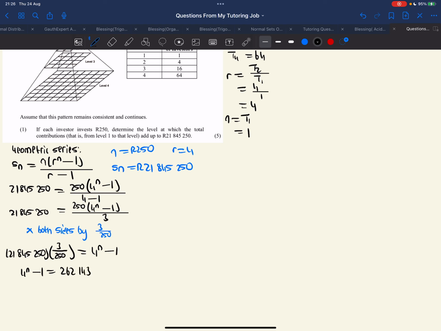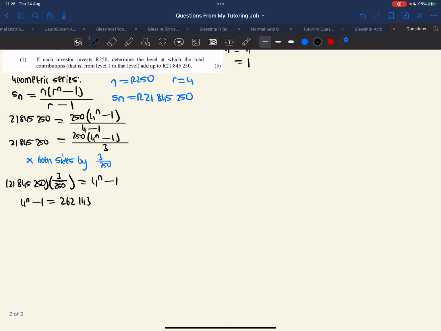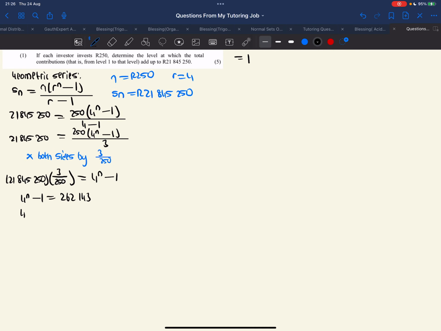262,143, and then if you take the 1 to the other side, you're going to get 4^n equals 262,144. All right, and after doing that, it's going to be hard for us to try and find the exponent that gives us that answer. But you can try. You can go through numbers from 1 up until 10 or even up until 14.